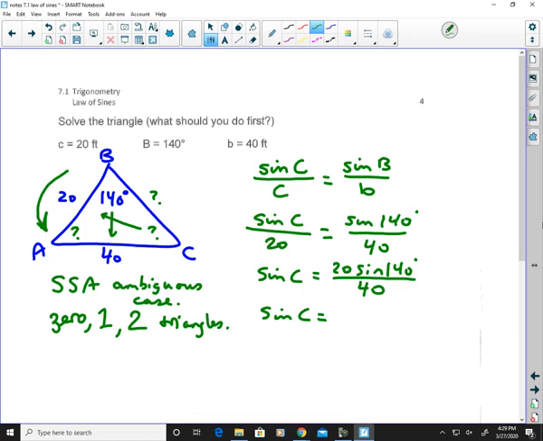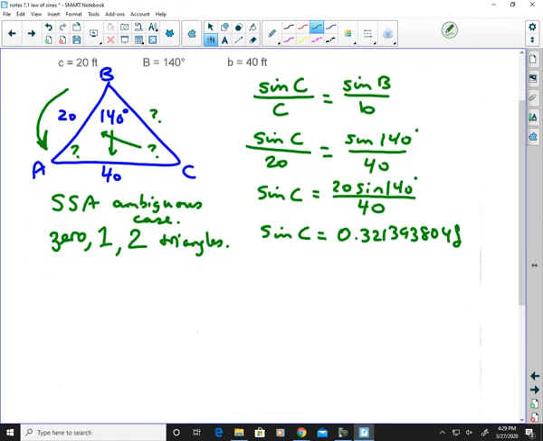Punching that in the calculator, 0.3213938048. I'm just writing a lot of digits. That's the ratio of the opposite to hypotenuse for the angle at C, if it was a right triangle, of course. I want to find angle C, so I'm doing inverse sine. And when we do an inverse sine, there are 2 places where you can get positive answers.